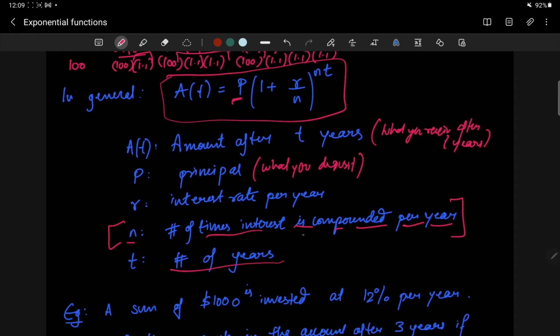One way is to say that we apply it once every year, or we apply it twice every year. So that would be semi-annually, or we apply it 4 times, or we apply it every month. So depending on what kind of compounding is offered, you would have different kinds of amounts.